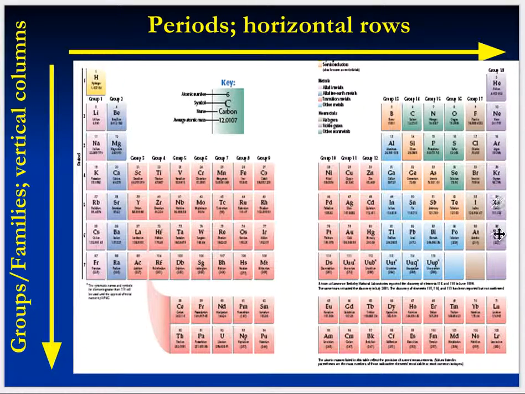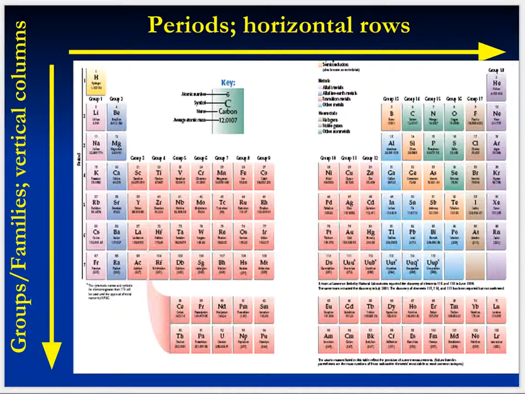Their outer shell is completely full. We'll go a lot more into that. These ones are called the noble gases because they have 8 valence electrons and they're filled. They have the most they can carry, which is called the octet rule. Octet meaning 8, and they already have 8 valence electrons.